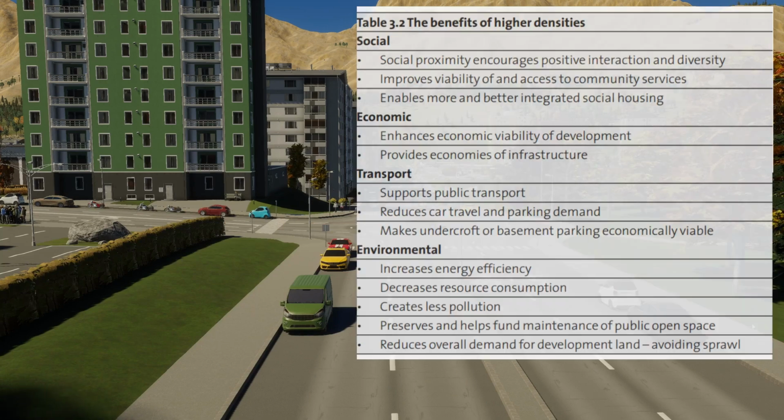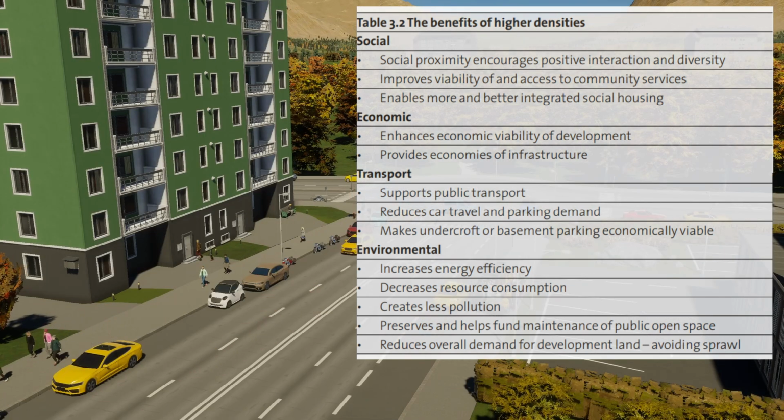Well, there's social benefits: social proximity encourages positive interaction and diversity, improves viability of and access to community services, and enables more and better integrated social housing. There are economic values: it enhances economic viability of the development and provides economies of infrastructure.